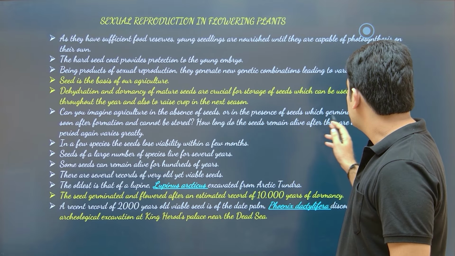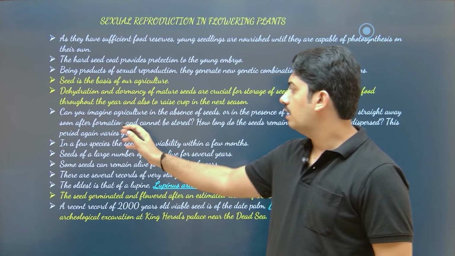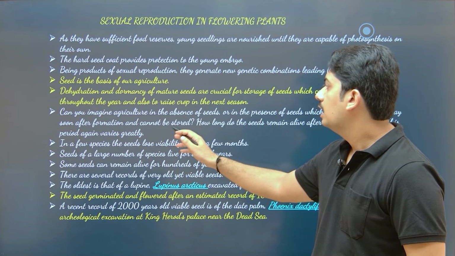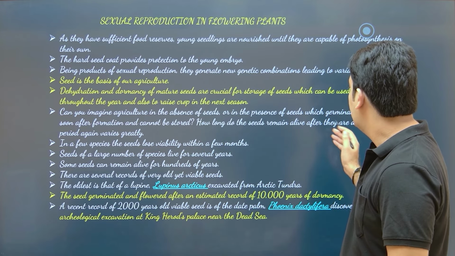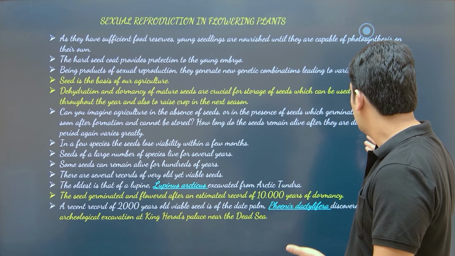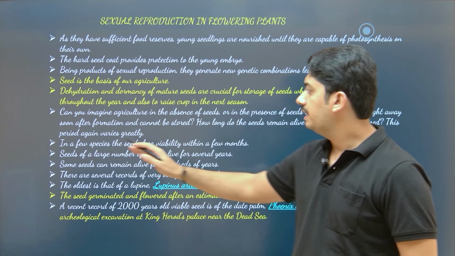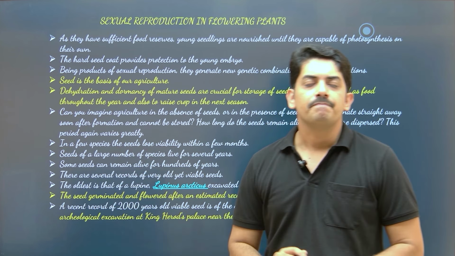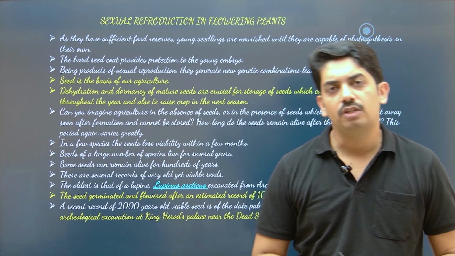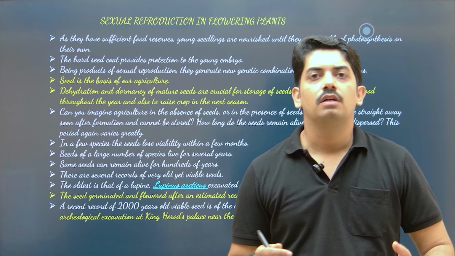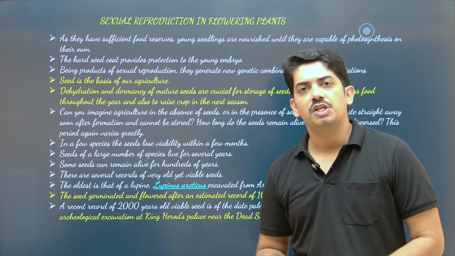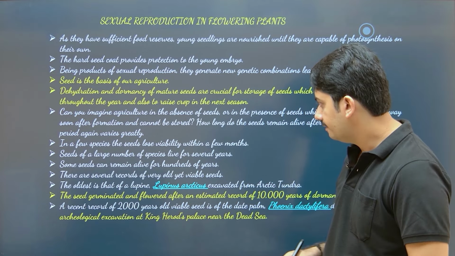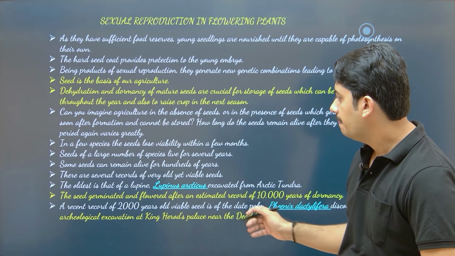Seeds which germinate straight away soon after formation cannot be stored. How long do the seeds remain alive after they are dispersed? This period again varies greatly. That means from plant to plant, this condition, that means dormancy, viability, dehydration, will vary. There are some examples here.